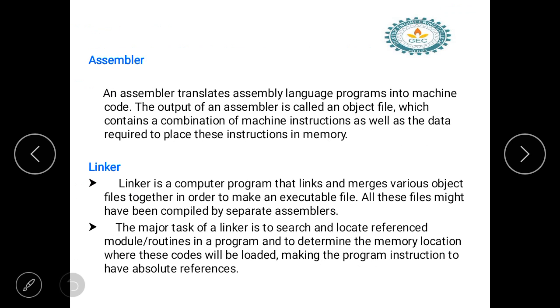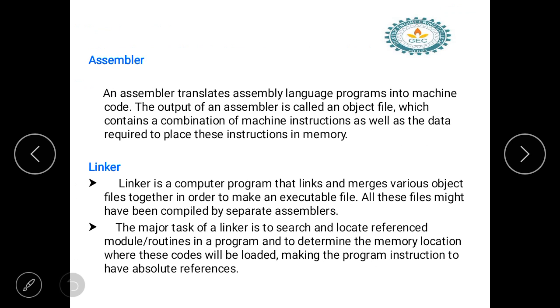So the assembler will take the input from the compiler. That input is a low level language, which is converted into the machine level language. So that is an assembler. Assembly level instructions are add, move, mul, shift. Okay, all these are assembly level languages.